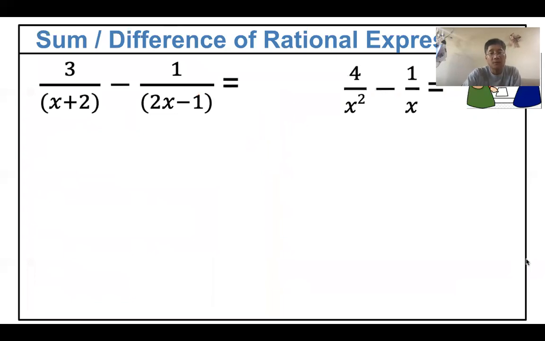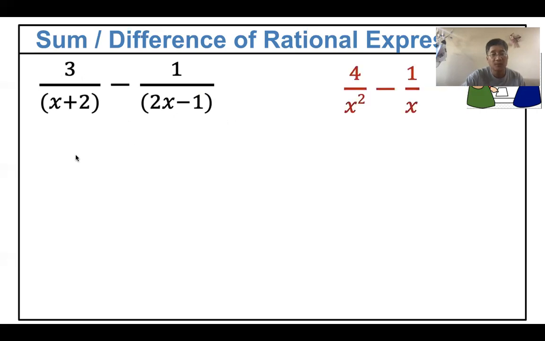You have an example. Now I'll go fast because now you know. What is the common denominator here? x plus 2 times 2x minus 1, because both of them don't have any common factor, right? So multiply. And then what is next? You convert each fraction by using the common denominator.